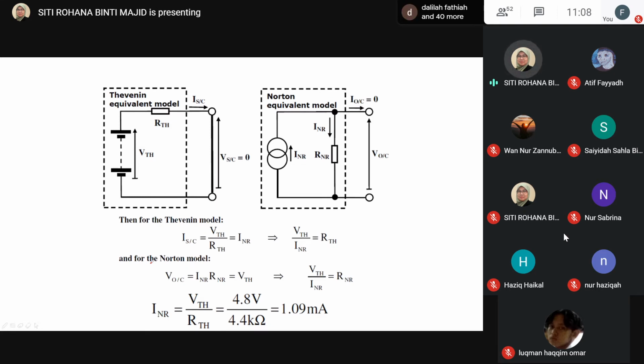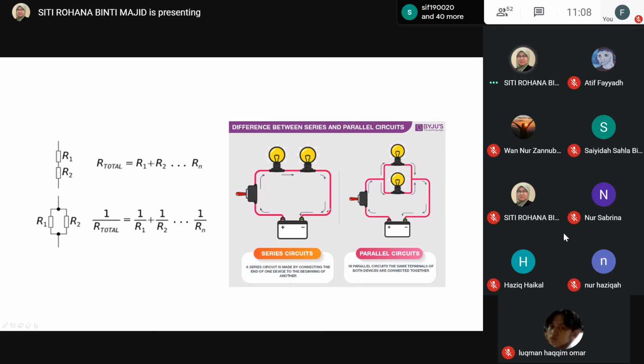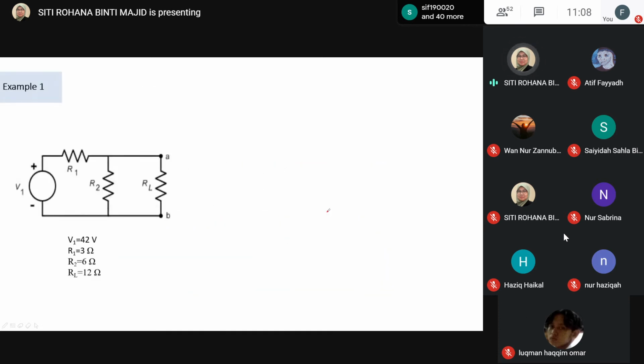For the Norton model, we can calculate V open circuit, and V open circuit refers to VTH. This is how we relate Thevenin and Norton: VTH over I Norton equals RTH.